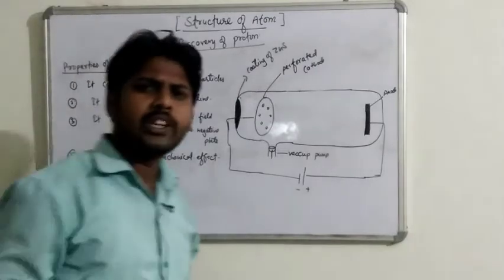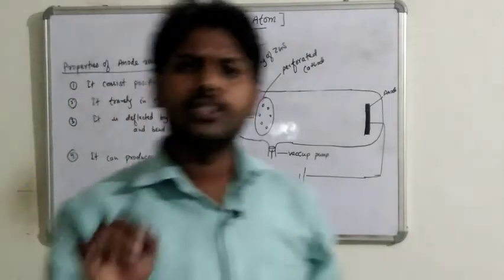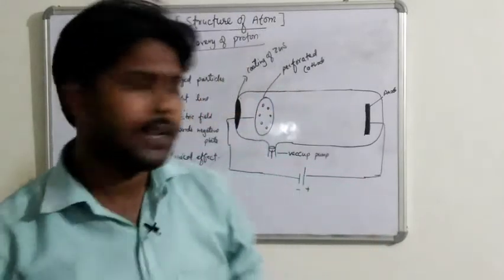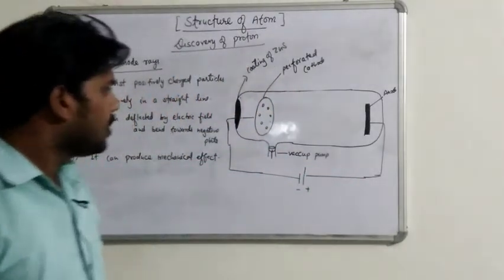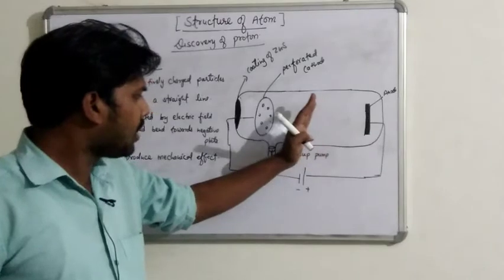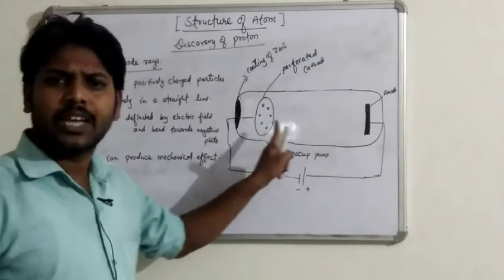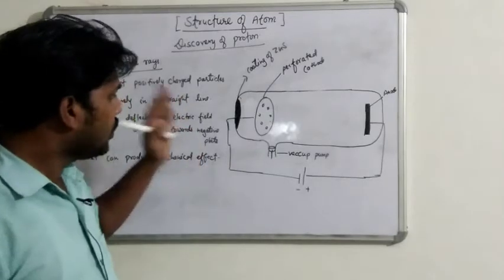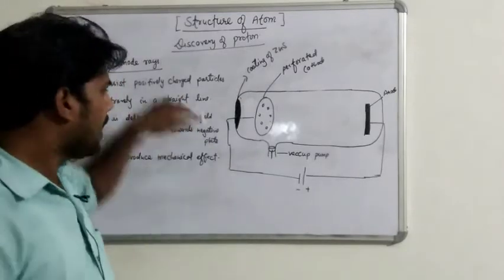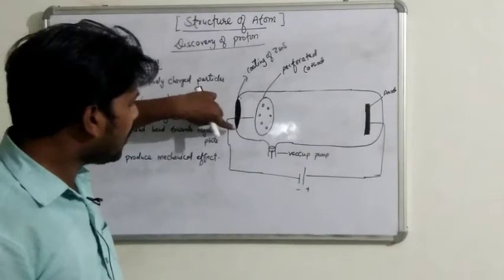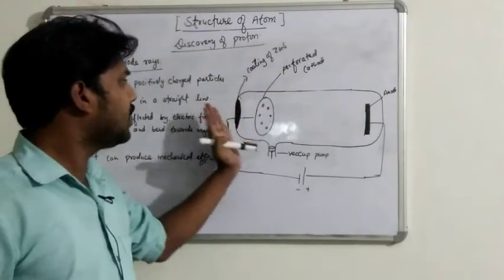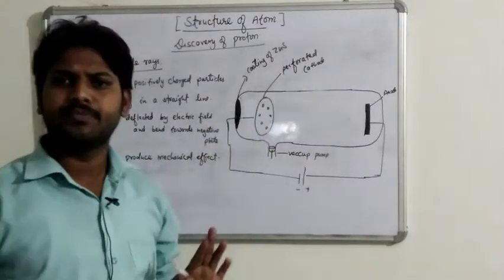But it was not clear at that time that these were positive rays. Some particles just pass through the perforated cathode, because there are a number of holes. So he coated a layer of zinc sulfide behind the perforated cathode.